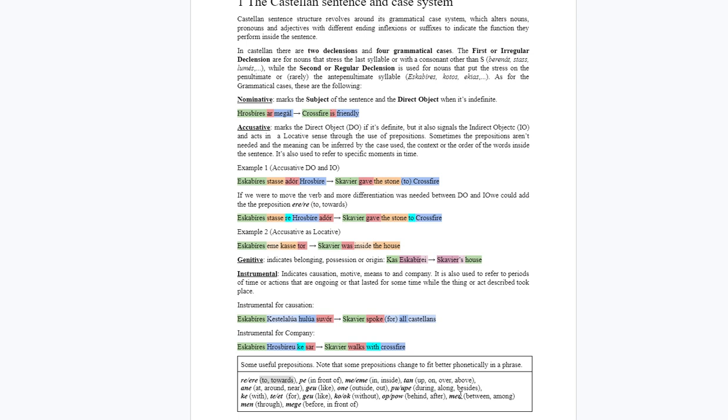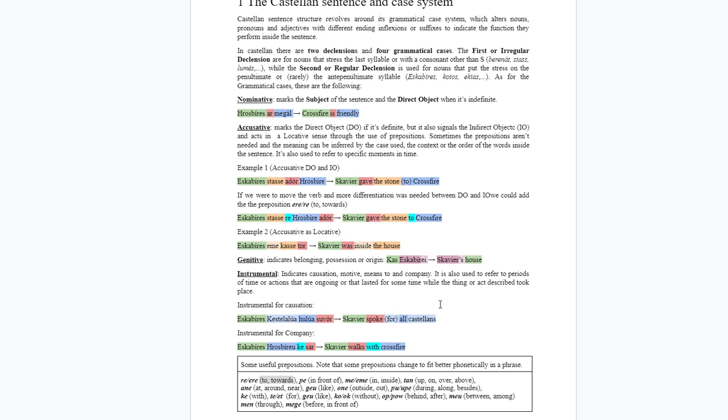In Castellan, sometimes we don't even have to use these prepositions. Sometimes only the word changes form, and that is what actually gives meaning or changes the meaning of the word.